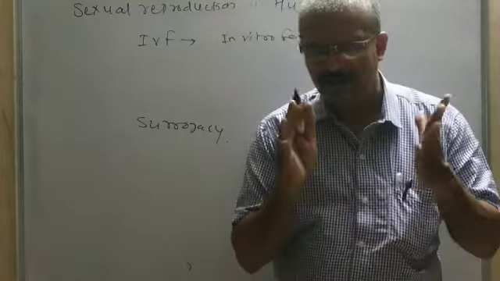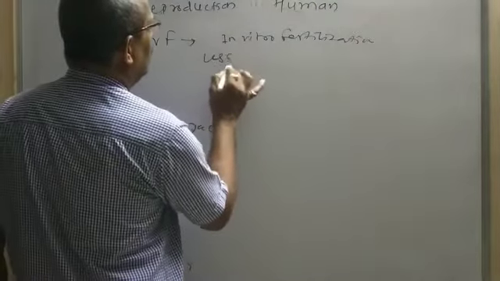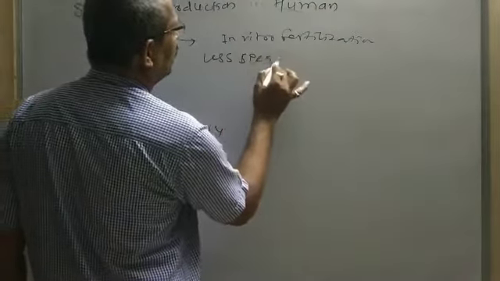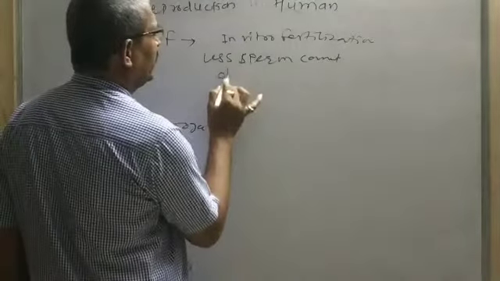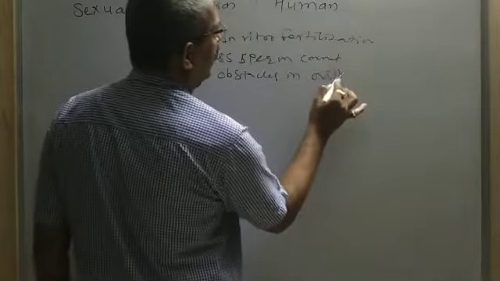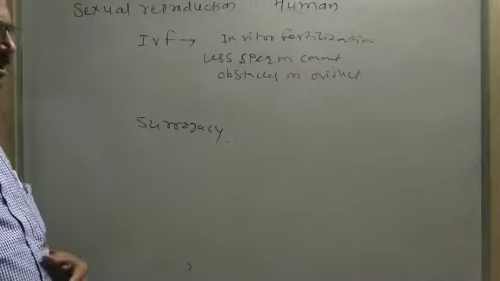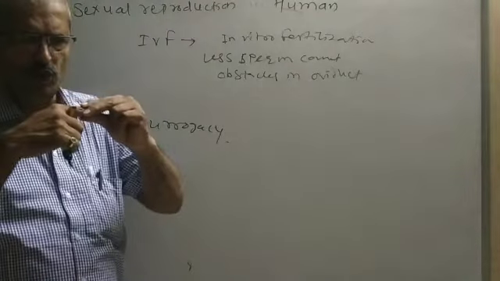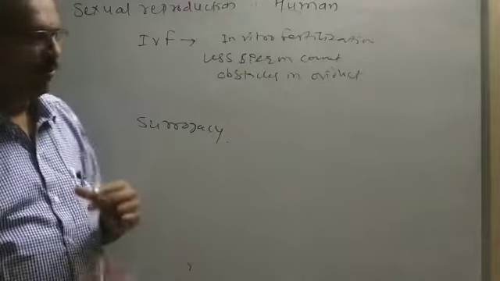It can happen because of less sperm count or obstacles in the oviduct. Obstacles in the oviduct means the fallopian tube is choked and therefore the oocyte does not pass through the oviduct.